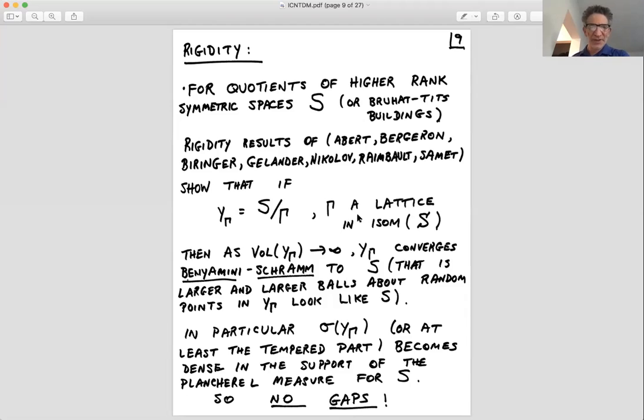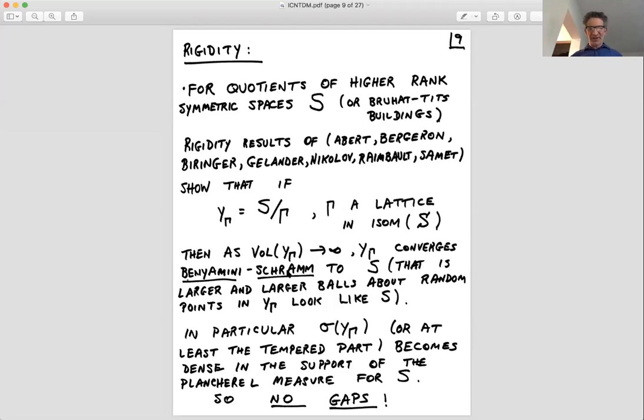This is another topic that is well represented in India, thanks to Raghunathan and his school, the rigidity and higher rank and arithmeticity. Anyway, the rigidity feature that I want to explain here is due to these 7 authors: as the volume of these locally symmetric spaces of higher rank grows, you could ask what gaps you can create in the spectra of these locally symmetric spaces.